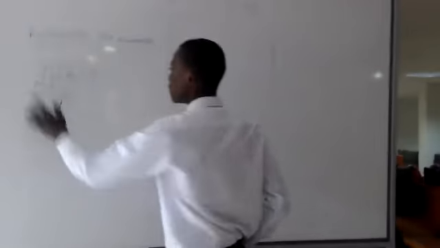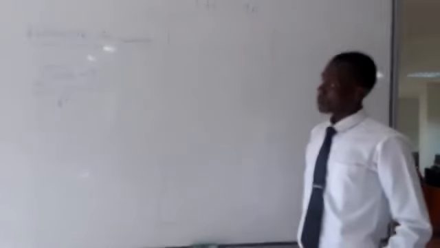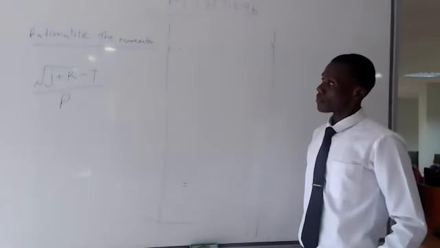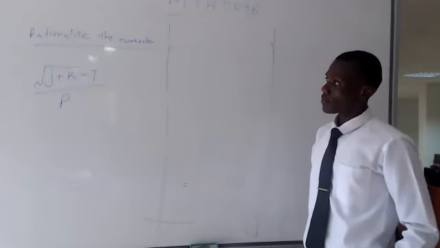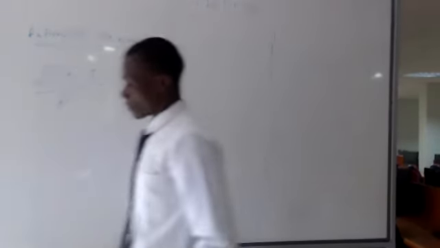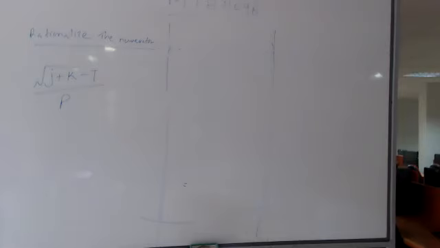How will you go about this? You find the conjugate radical, which is square root of j plus k plus t.